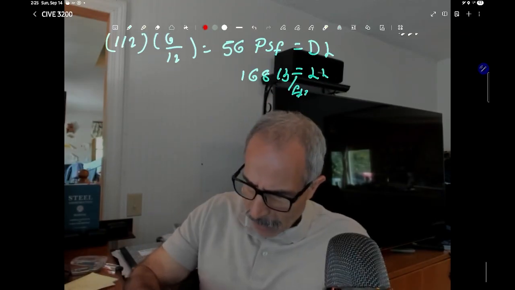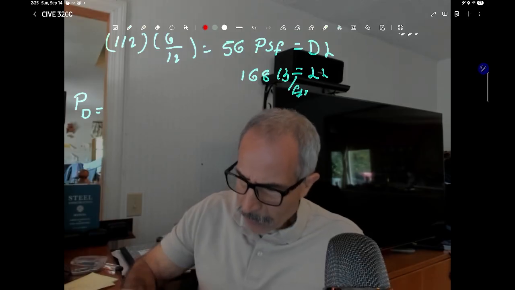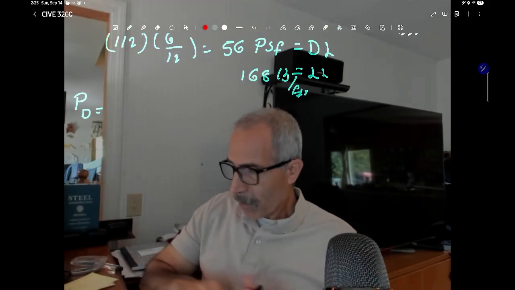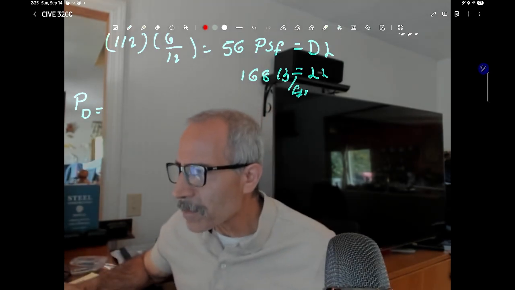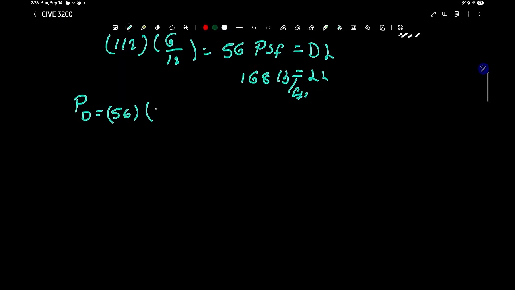and therefore my dead load PD is going to be, let me shut this up so you can see it better, 56 times 2,500 square feet, and that gives me about 140,000 pounds or 140 kip.